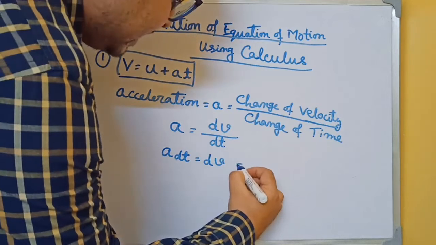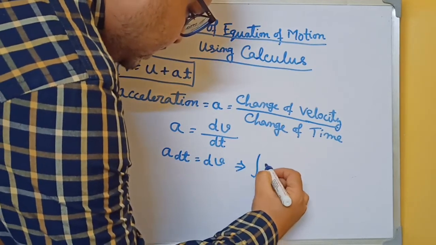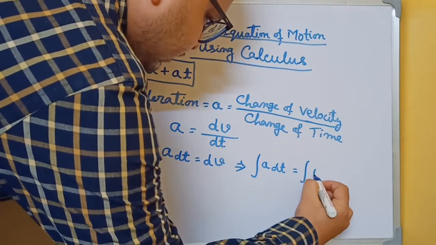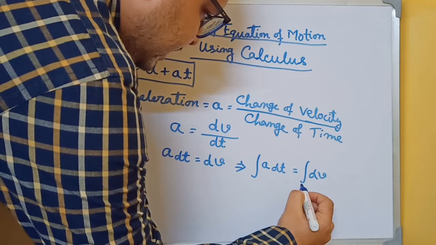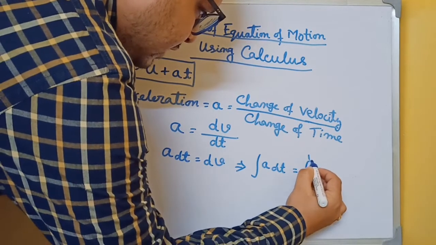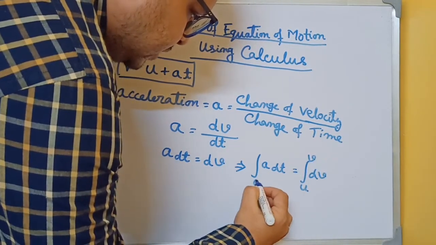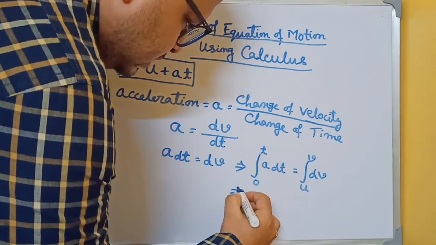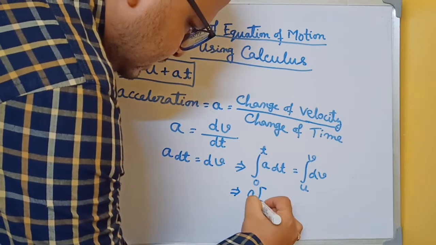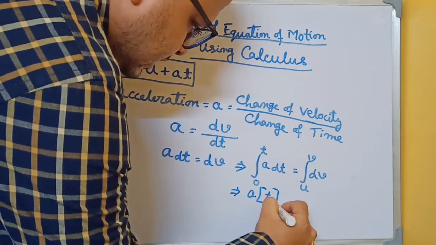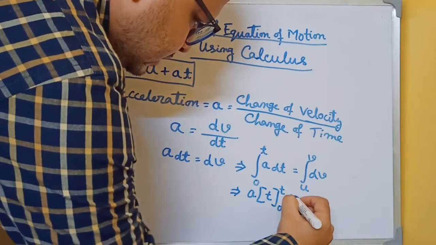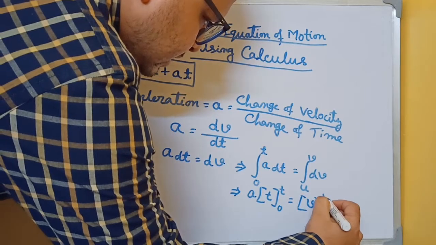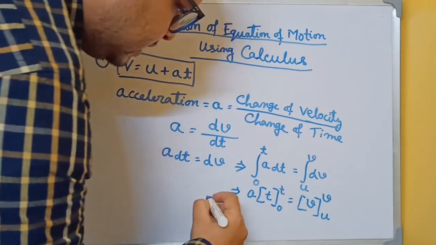Now you take the integration of this. Then what will happen? Integration of a dt is equal to integration of dv. Initial velocity u, final velocity v, initial time 0, final time is t. Now a, with upper limit t, lower limit 0, integration of dv, that is v upper limit, lower limit u.